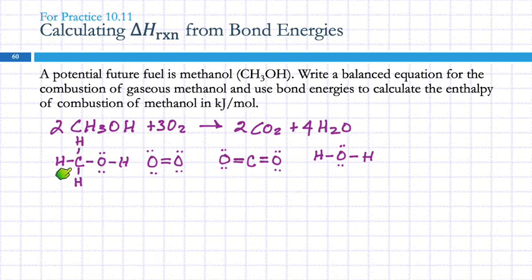So in one of these molecules, if I'm going to take it apart, what kind of bonds am I breaking? Well, I've got some carbon-hydrogen bonds, right? There's 1, 2, 3 of those. And then I have a carbon-oxygen bond right there.